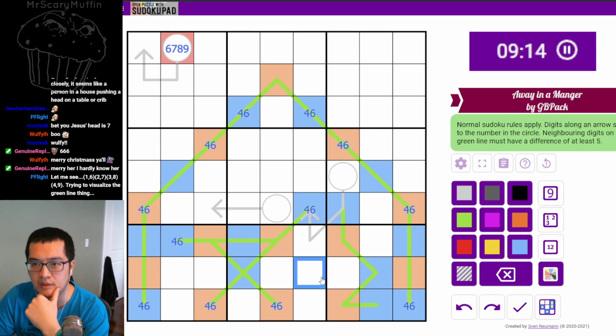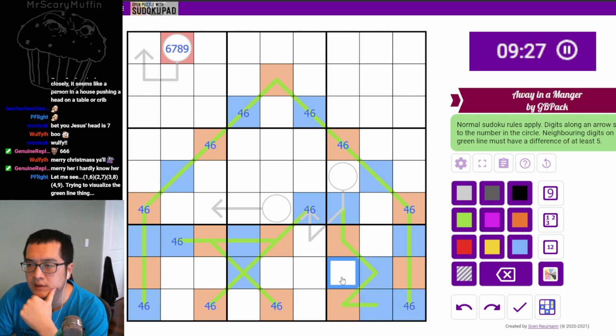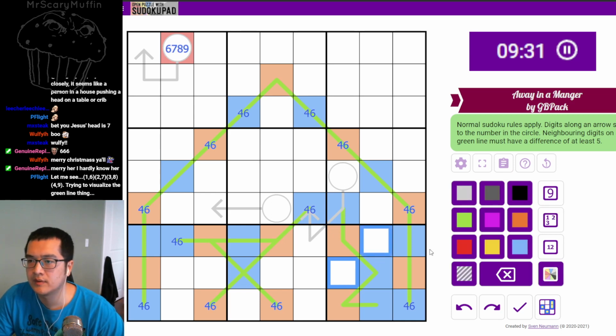I was worried it would be a whole bunch of colors. I'm trying to think. We have 4, so what's missing here is a 5 and an orange.